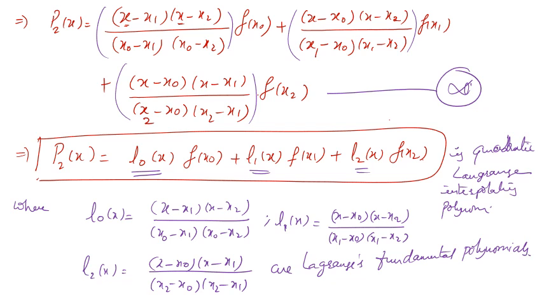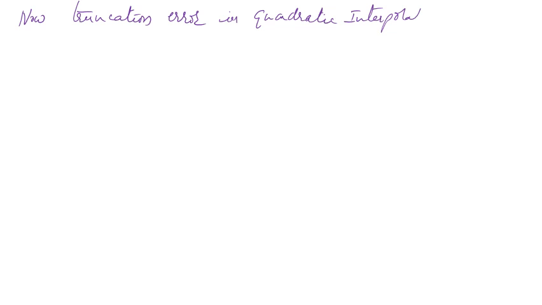Okay, and what is the error term? You know, now the truncation error in quadratic interpolation is, let us denote that e2 of f of x, one can write directly. Okay, same derivation as in linear interpolation. What is e2 of f of x?